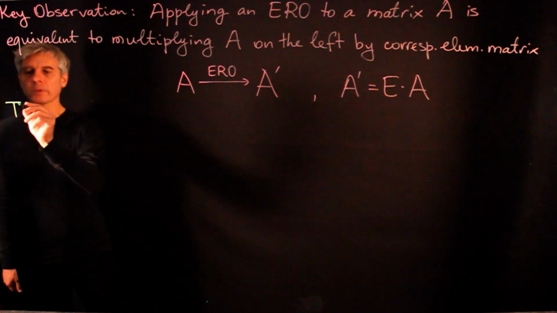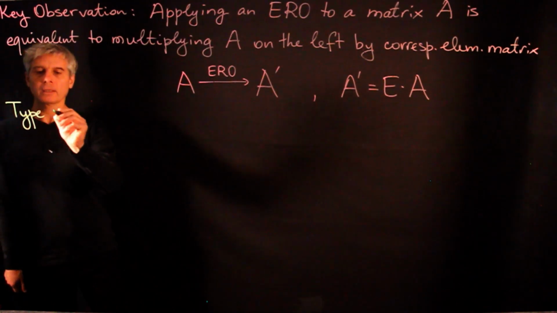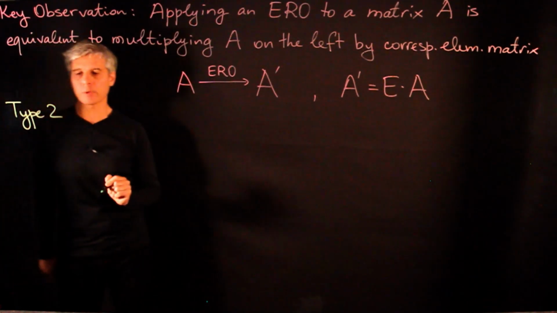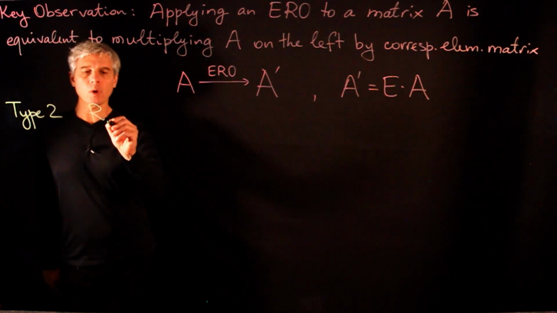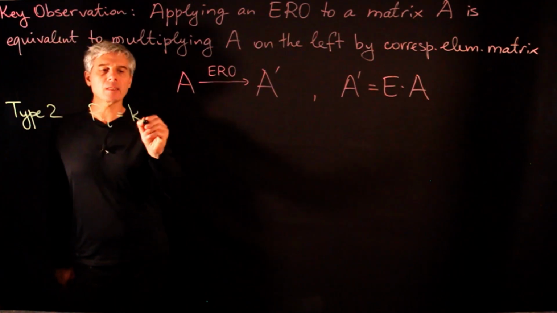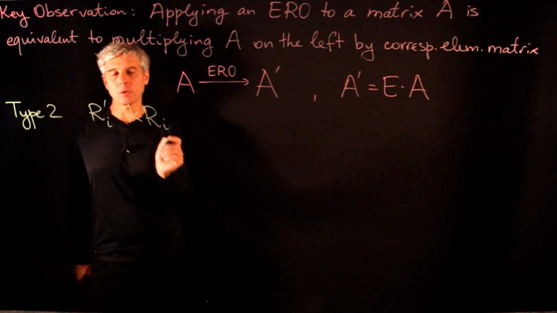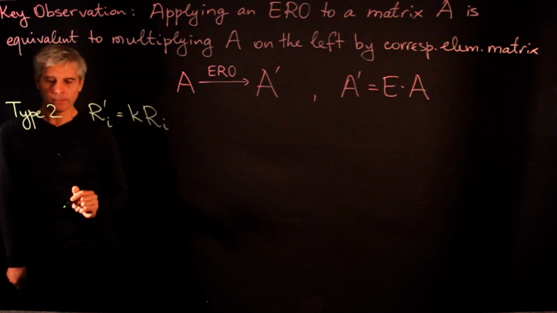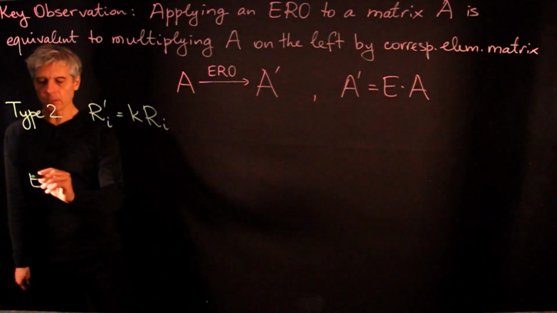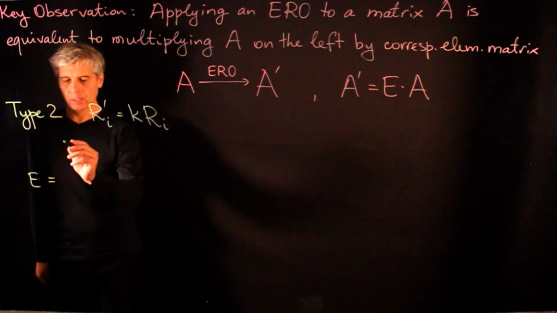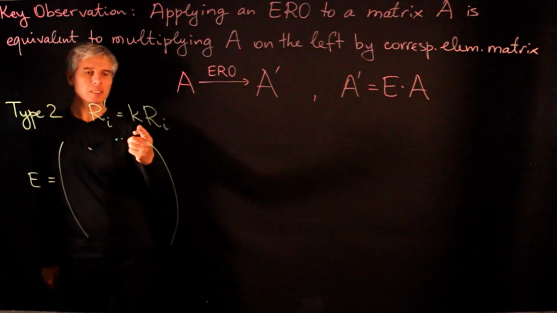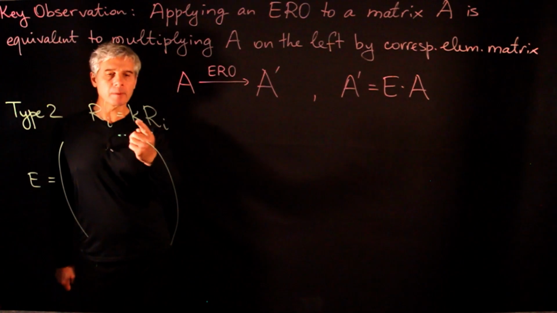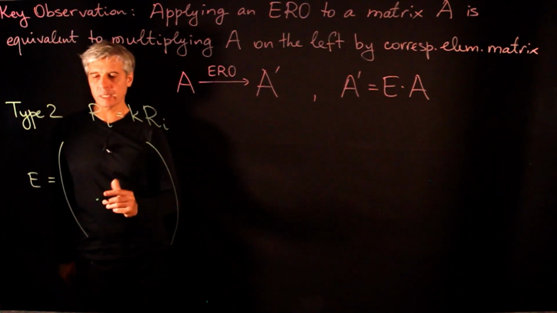We'll begin with type 2 elementary row operations because this is probably the easiest case. So we say that row i prime is k times row i, and all other rows are unchanged. Now, what is the corresponding elementary matrix? Well, we take identity matrix and we multiply row number i by a non-zero scalar k.